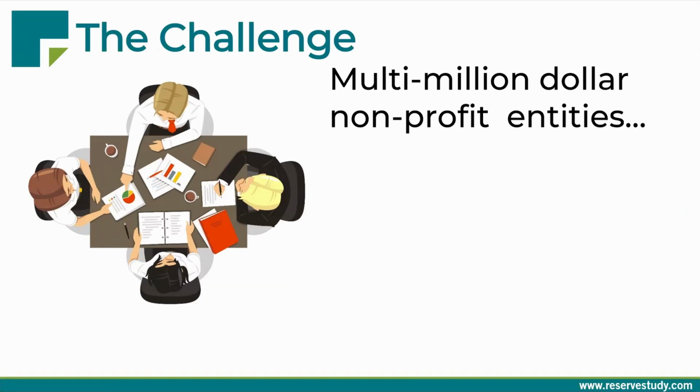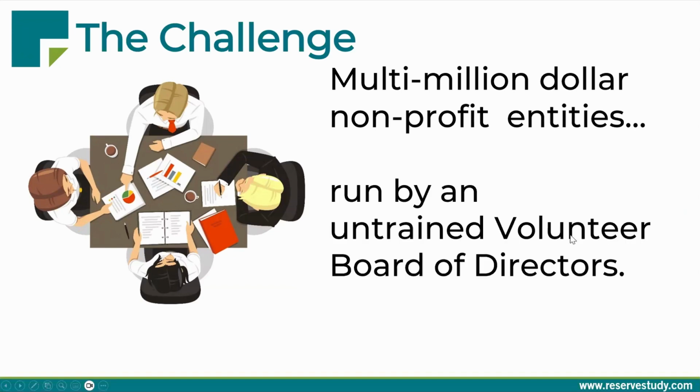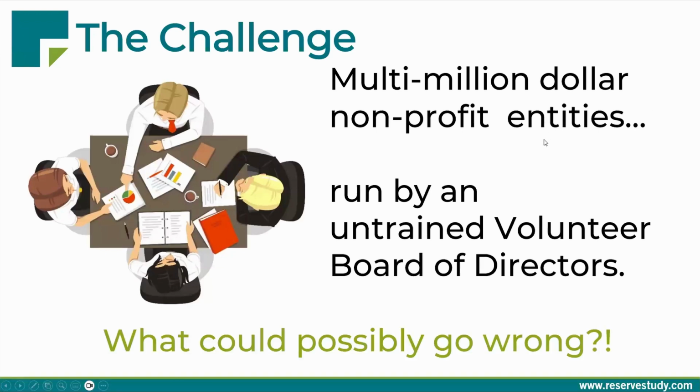Each one consists of millions of dollars of home values, but they're relying on the education, the courage, the care, the commitment of untrained volunteer board of directors to run the show, to make those decisions. And with this kind of delicate situation where we have multi-million-dollar not-for-profit real estate corporations run by an untrained volunteer board of directors, there's no surprise that things do go wrong.